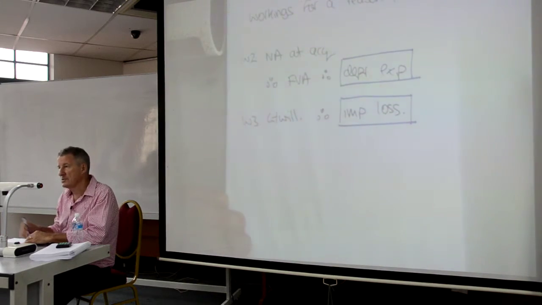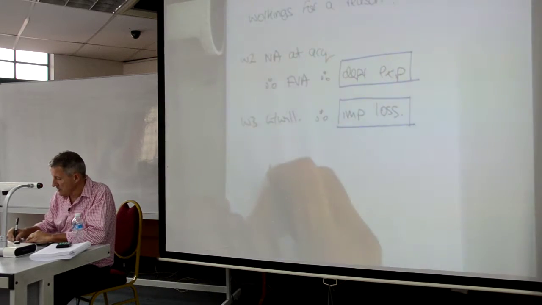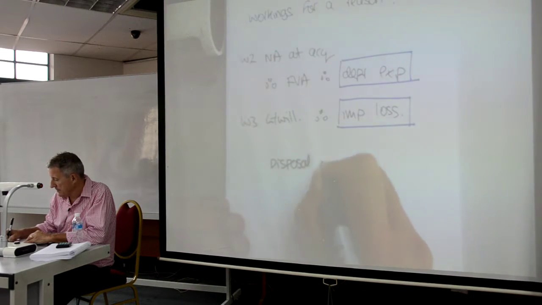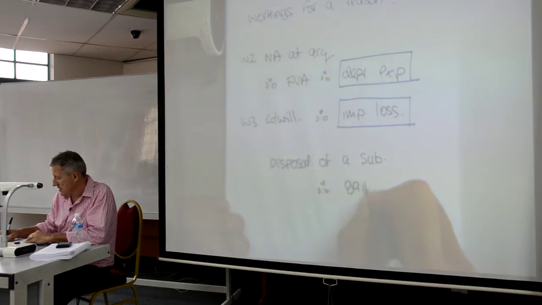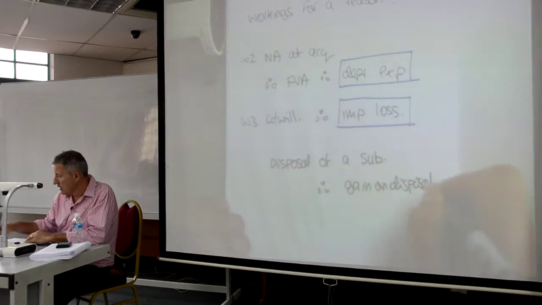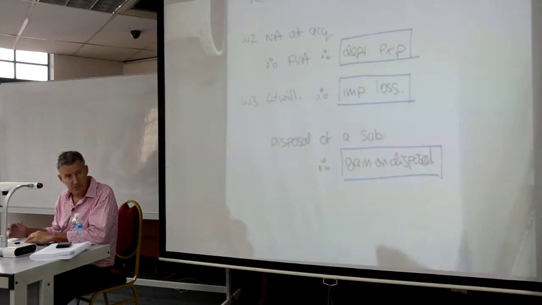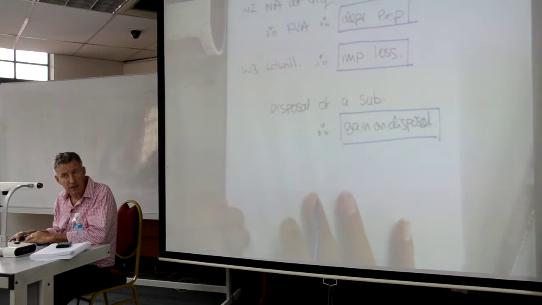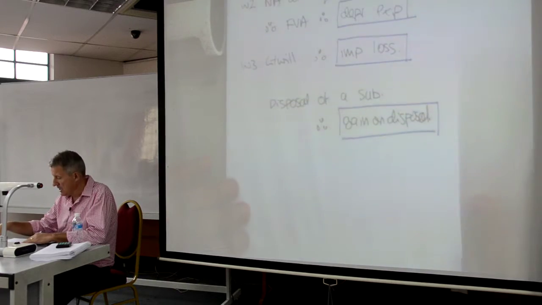What other workings might you get involved in a group profit and loss account? There might be a disposal of a sub. And therefore you would have a gain on disposal. If you lose control of a sub, then there is a profit or loss on the disposal of a subsidiary. You would need to do that calculation.